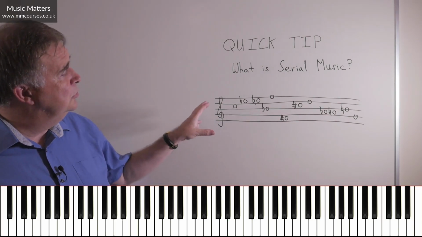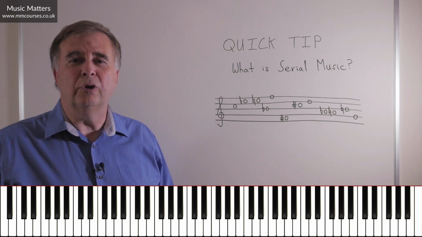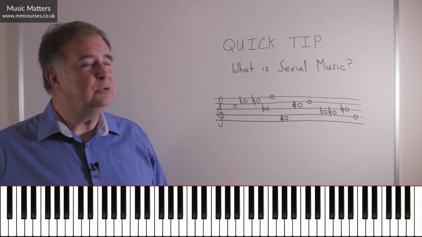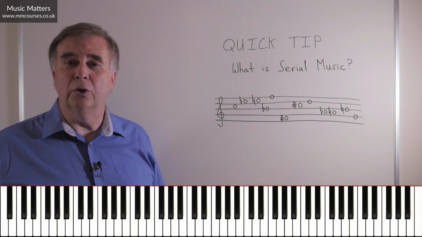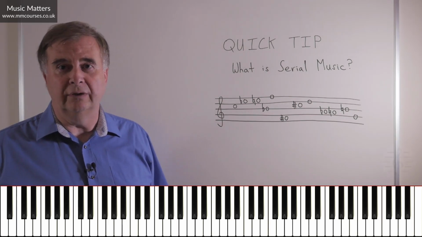So you'll notice that across those 12 notes, there's one example of every single chromatic note of the scale, every single semitone. And the composer's job is to organise that into a satisfactory note row.